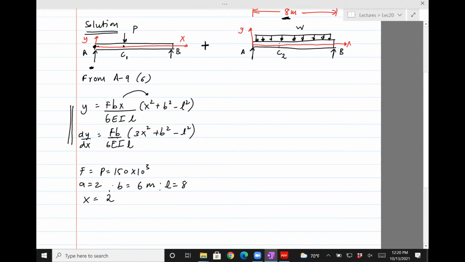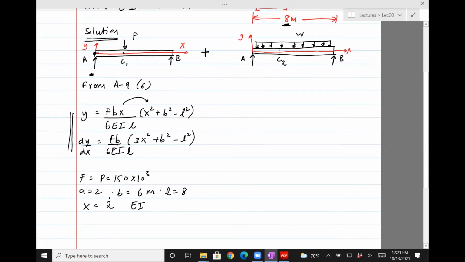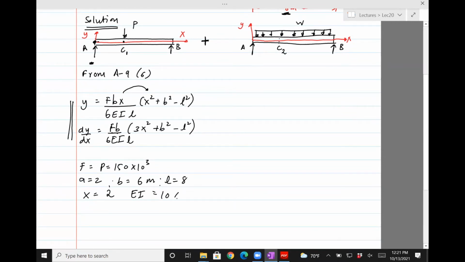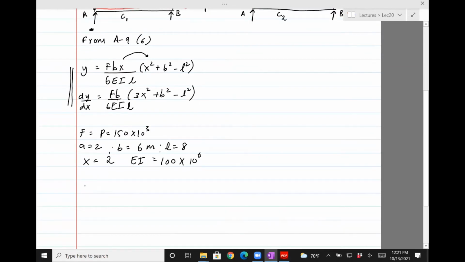And then EI is given to us. It's 100 times 10 raised to 6. Okay, I believe I have everything in there to go ahead and sub it.